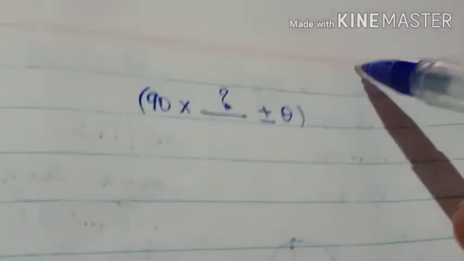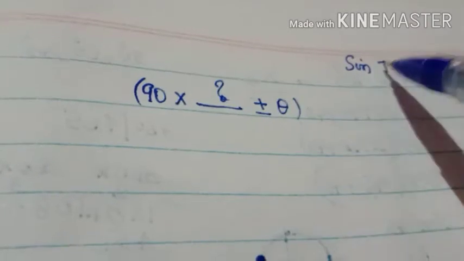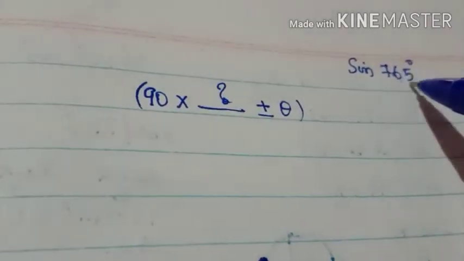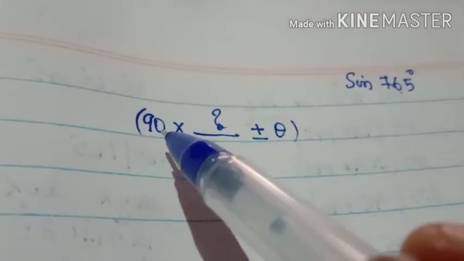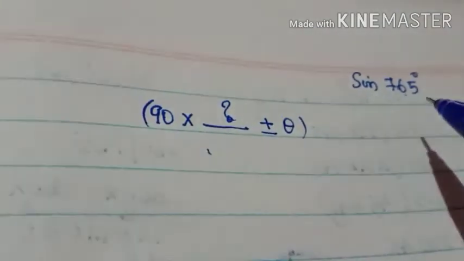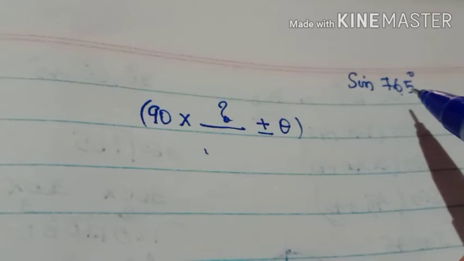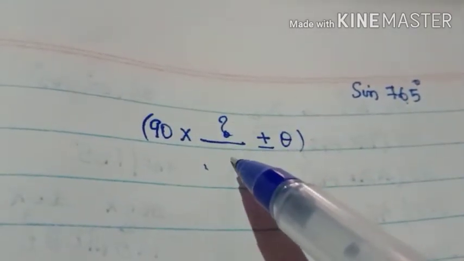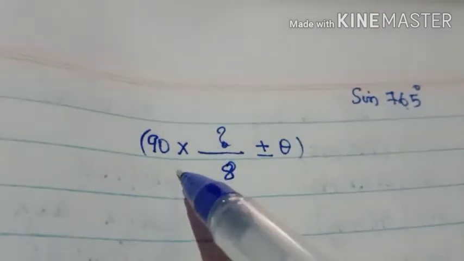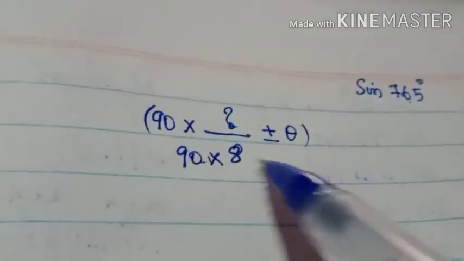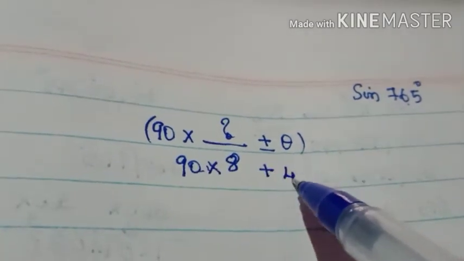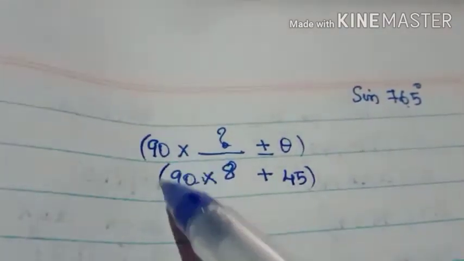Take the same question. First question, sine 765 degree. So convert this 765 into 90 or multiples of 90. So near to 765 it will be 90 into 8, isn't it? 90 into 8, this becomes 720 plus 45, isn't it?